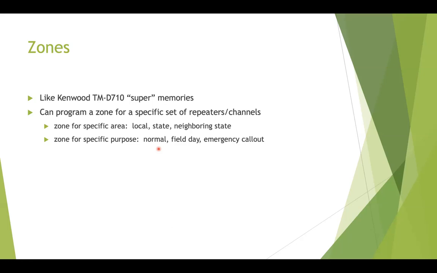I have another zone called 1.25 frequencies, and the only thing I have in that zone or channel group is all of the 220 megahertz frequencies and repeaters that we use. I have a zone for each county in Utah, so every repeater in Utah I have in a zone that corresponds. So it not only works with DMR digital channels, but also with analog channels. So it's kind of a cool feature.